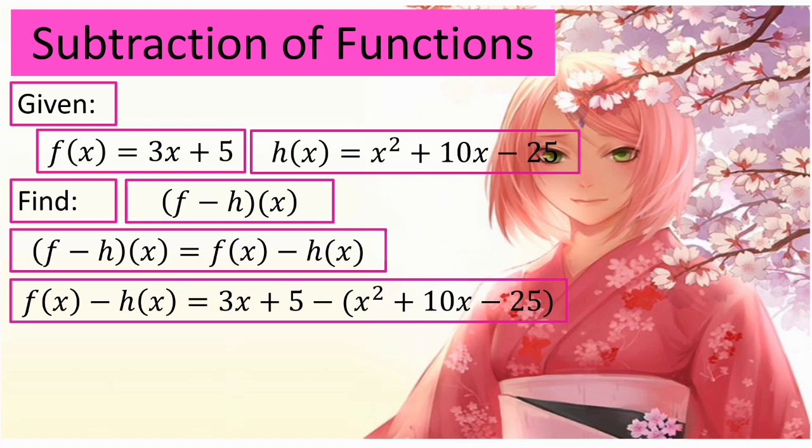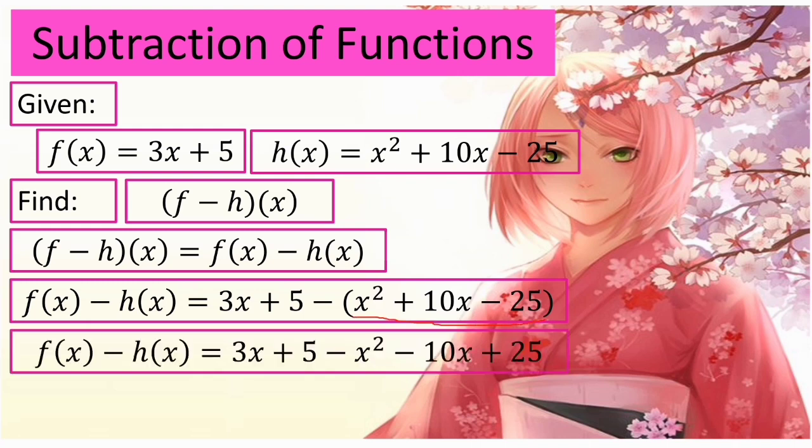So, ito nga. Kung makikita nyo, class, naka-group sila. So, i-distribute natin to. Distributive property over addition or subtraction. So, negative times x squared magiging negative x squared.